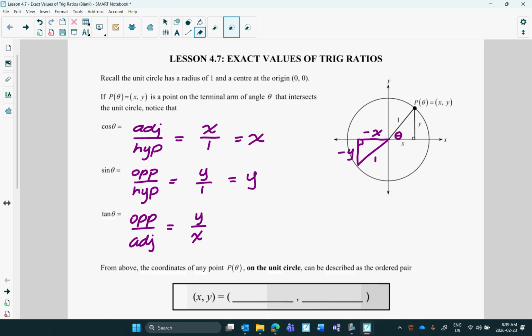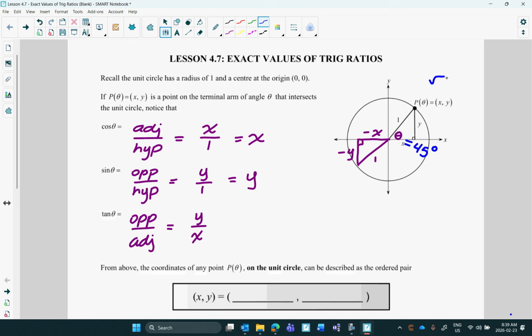So for example, I'm going to tell you that this is 45 degrees. If this is 45 degrees, do you remember what this point is on the unit circle? Look at your unit circle if you need to.